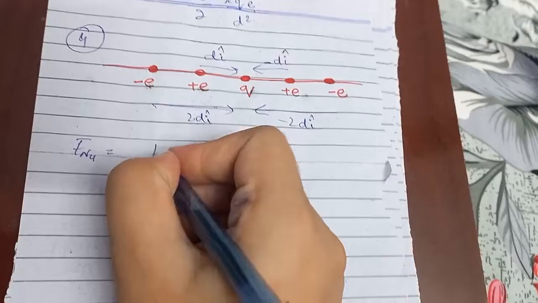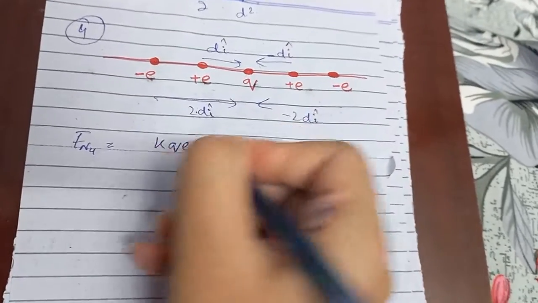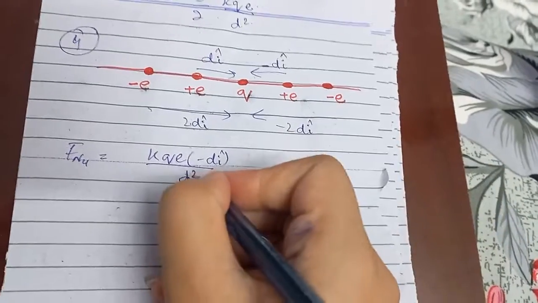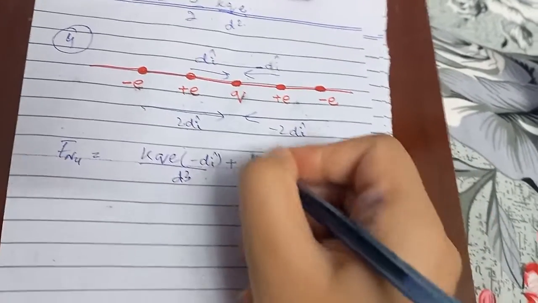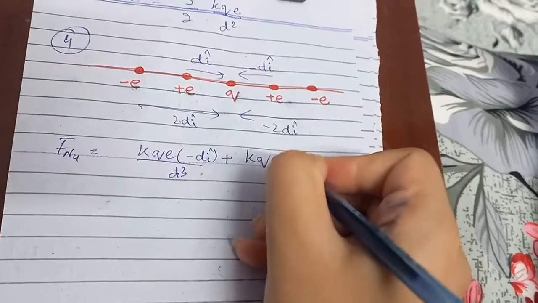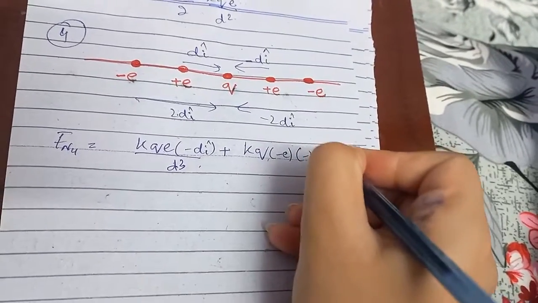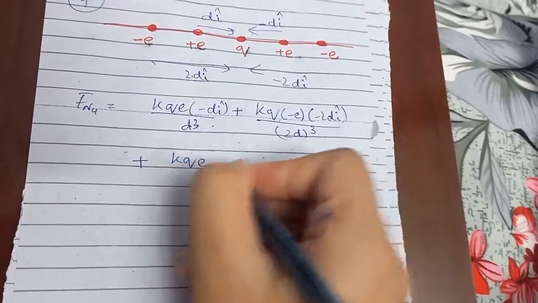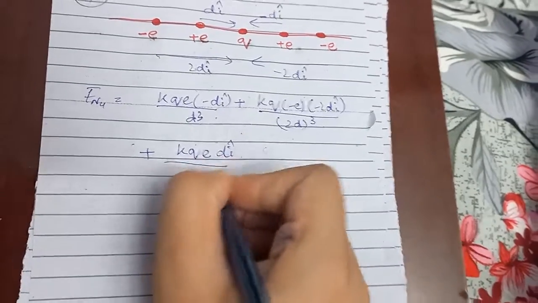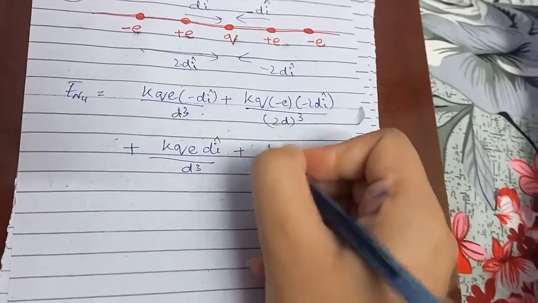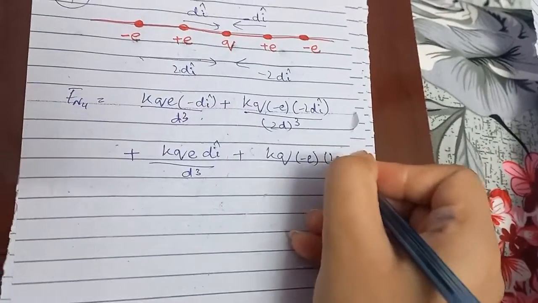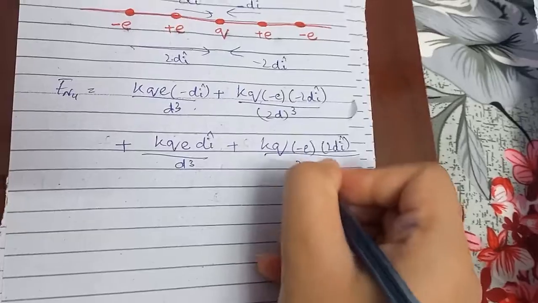Net force in fourth situation, thank God. Force on this: kq positive e, vector is minus d i hat divided by d squared, oh sorry, cube, plus kq, it's negative e, vector is negative 2d i hat, divided by 2d whole cube, plus this one, it's kq positive e, and d i hat is the vector, divided by d cube, plus kq, it's negative e, the vector is 2d i hat positive, and it's 2d whole cube.